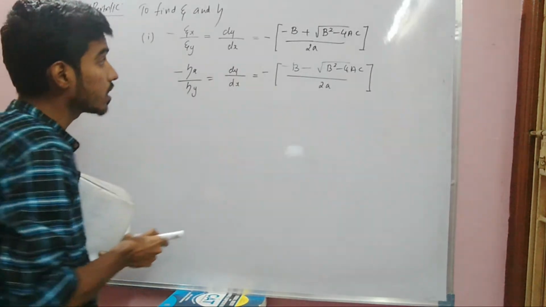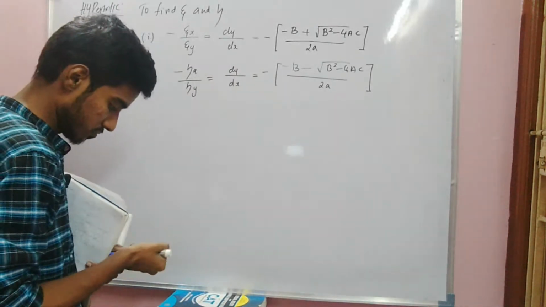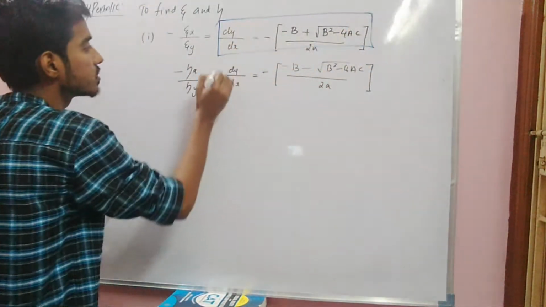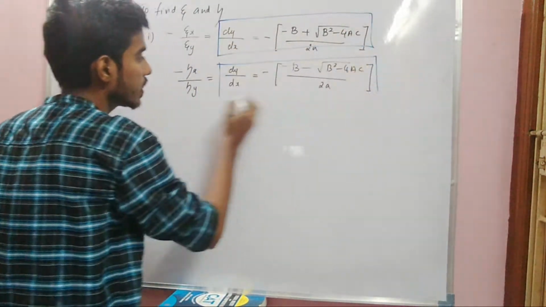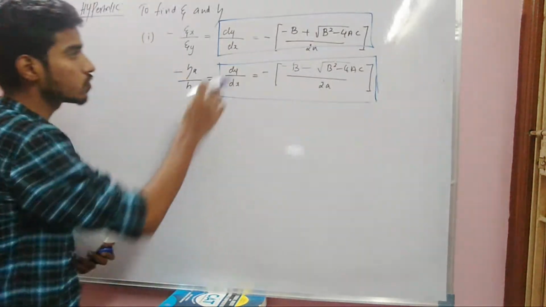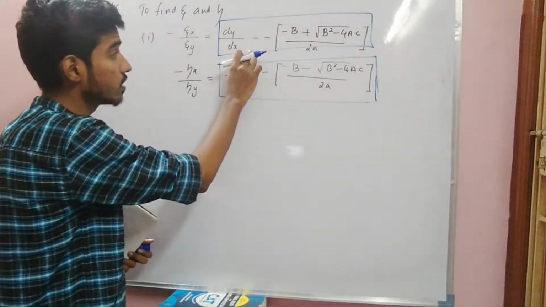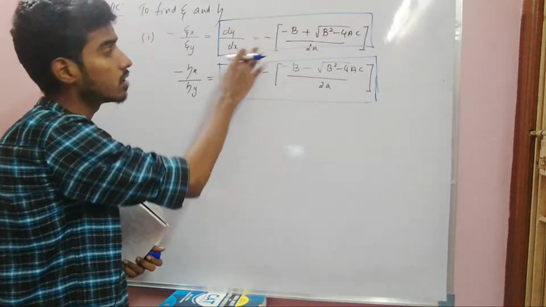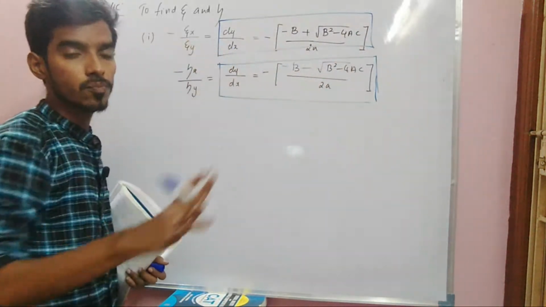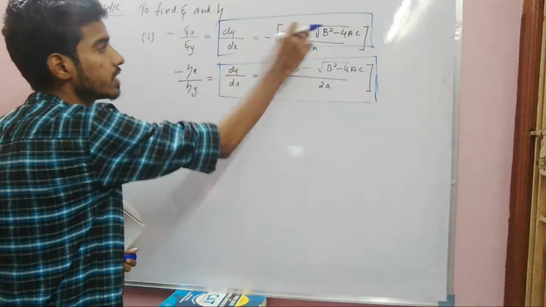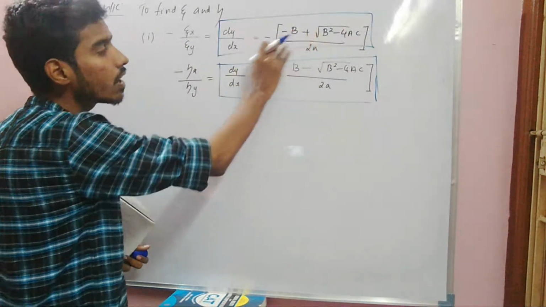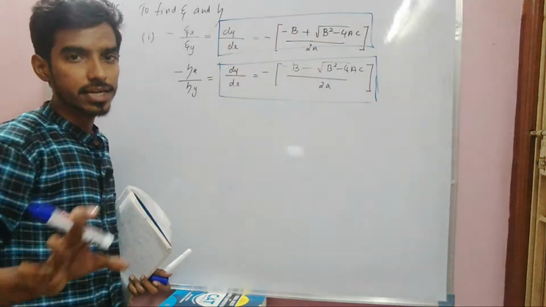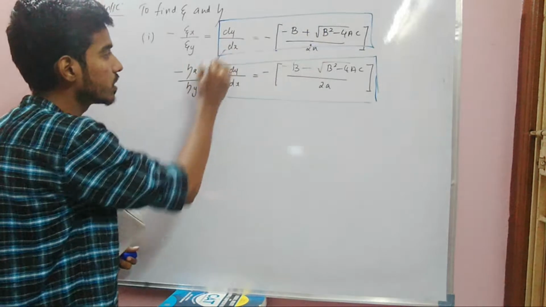Make use of this formula first, and from here you find C1. Here you will have some number or some function, and then we have dy by dx equal to something. Integrate this and you will have one constant C1.